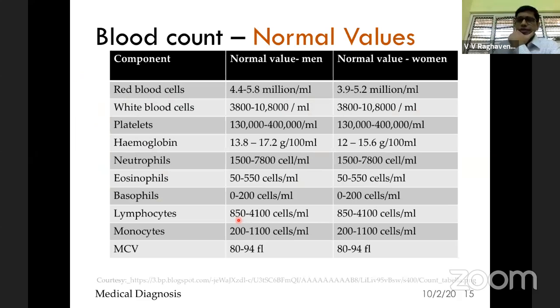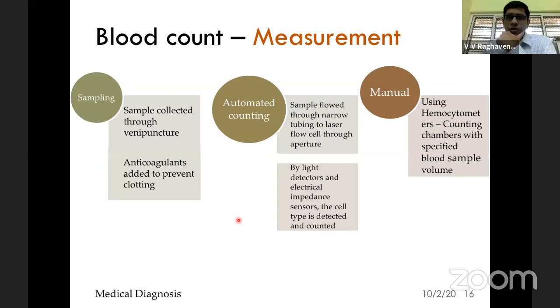But you must understand one thing: what is the instrumentation behind this? Because this topic is more about medical devices and instrumentation. So what is the existing practice that gives you a complete blood count? Let us say you give the sample and then you get the result by evening, right? So how does it work? Typically, the sample is collected at the collection center and then it goes to the central laboratory.